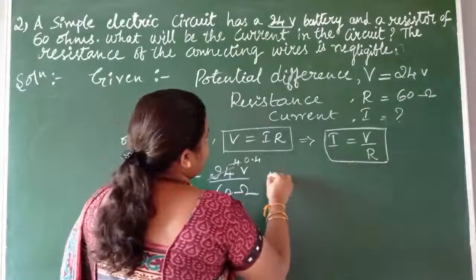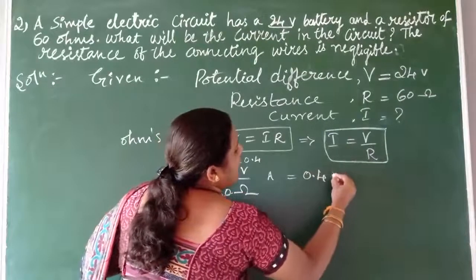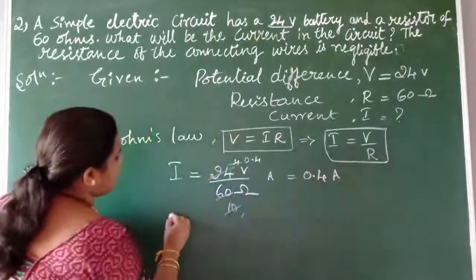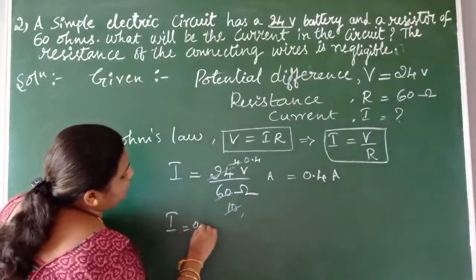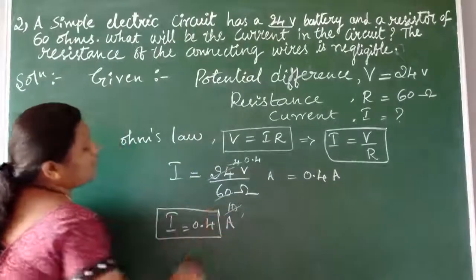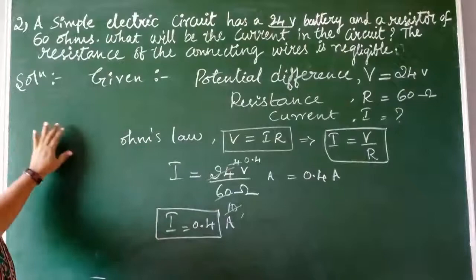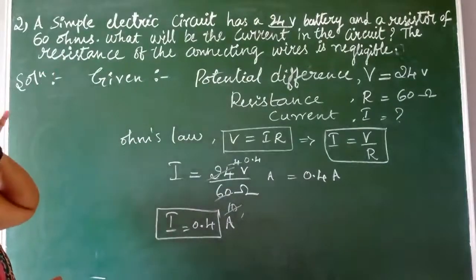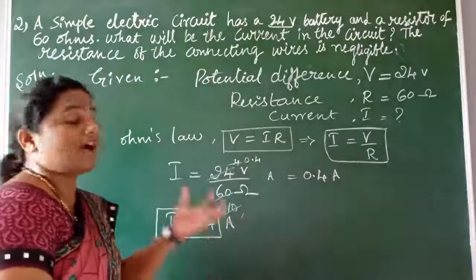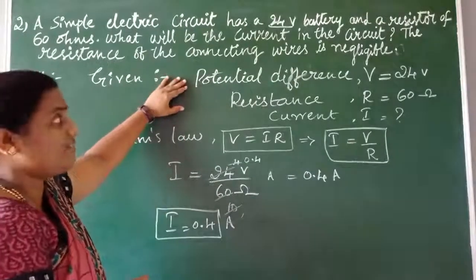So what is the unit? Ampere. That is 0.4 amperes. So we can write that I is equal to 0.4 amperes is the current drawn across this circuit, isn't it, children? This is also very simple. The only thing is that what they have given, you have to collect it at first, means you have to write it at the very first step.